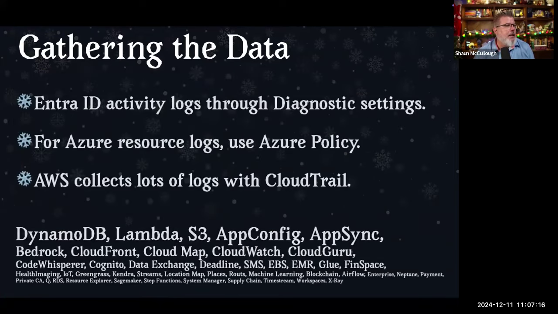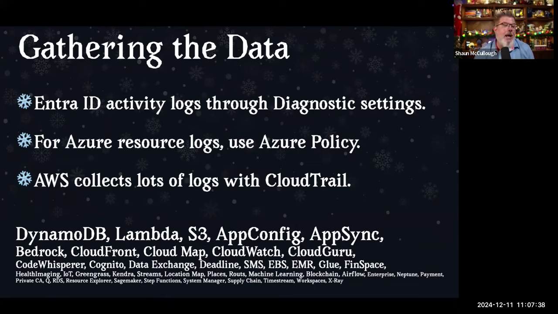All right. So we turned on our Entra ID activity logs. We did it for Azure using diagnostic settings, but for AWS, I can use CloudTrail. And here's one thing I really like about how AWS does this. I can go to my top-level organization and turn on CloudTrail, which gives me all my activity logs to the API.